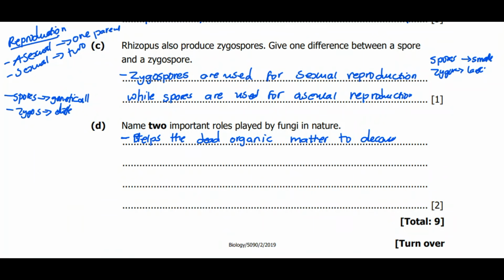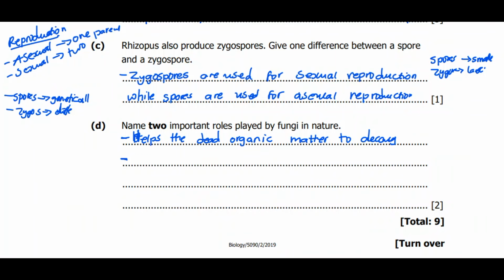And we can imagine the incident if things were not decaying. By now, I don't know what would have happened. The space would have been occupied by these, but because of fungi, they help those to decay. As the substances are decaying, we now have space.